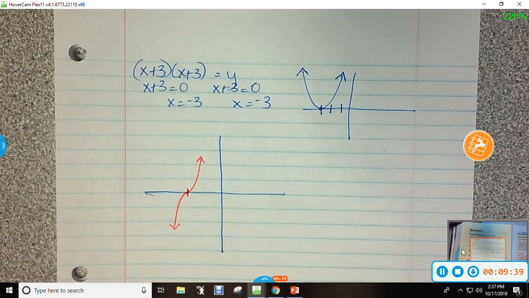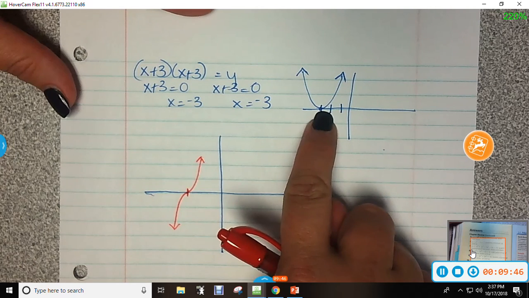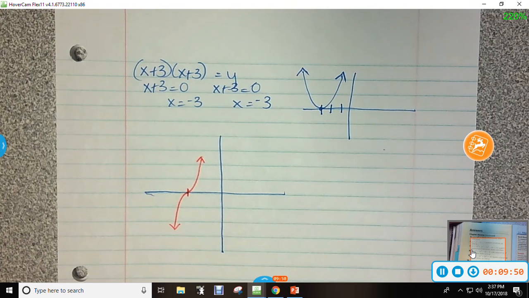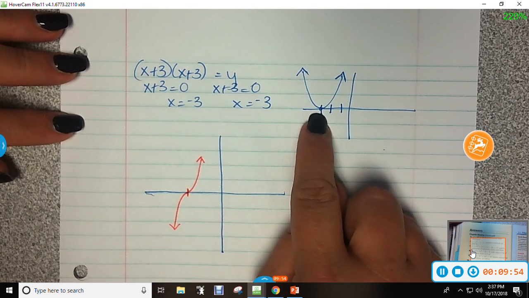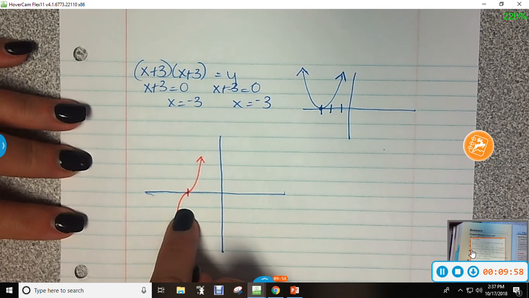If it goes straight through, it's a multiplicity of 1. If it bounces off, it's 2. If it wiggles as it goes through, it's a 3. Pretty much in here, we're going to stick to single multiplicities or multiplicity of 2. You'll do more with this when you get to pre-cal, but I did want you to at least see it.